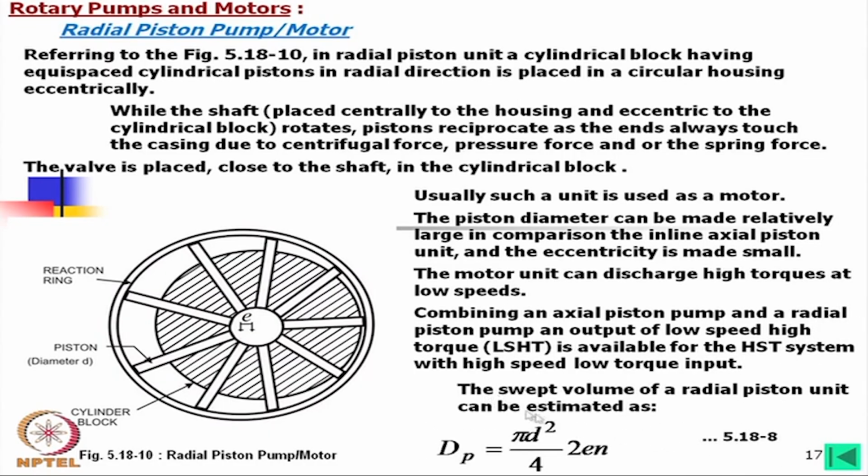Now, in this case, the swept volume can be given by, this is the piston area, 2E is the stroke length, twice the eccentricity, and N is the number of pistons.